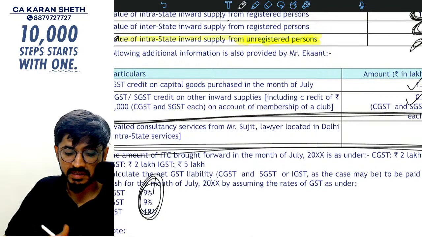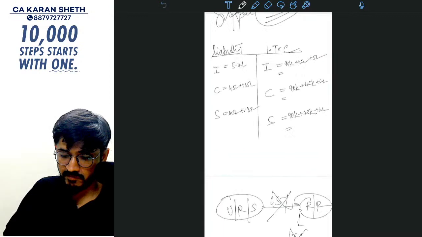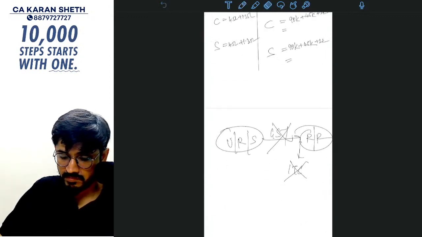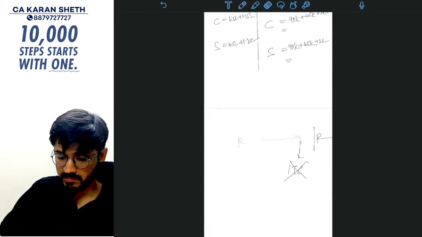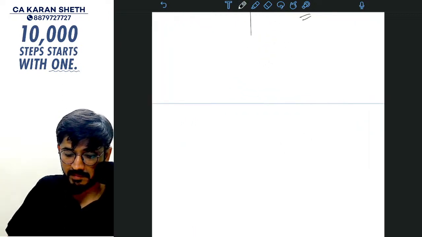What will happen in this case? We will have to land up paying input tax liability.